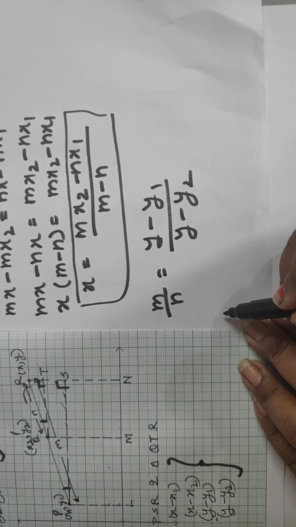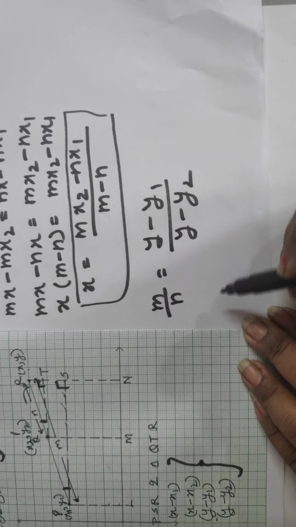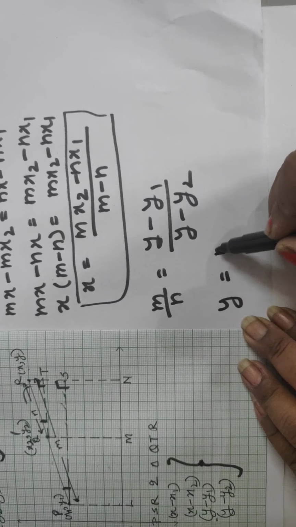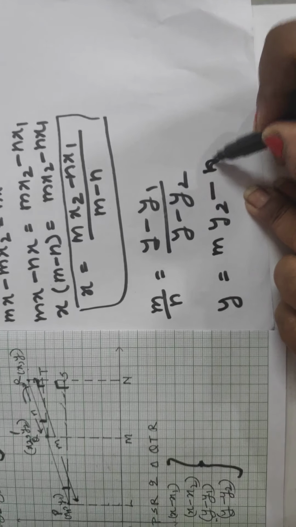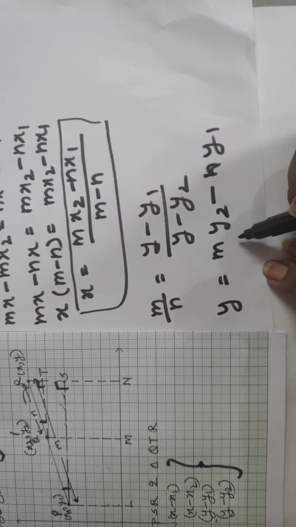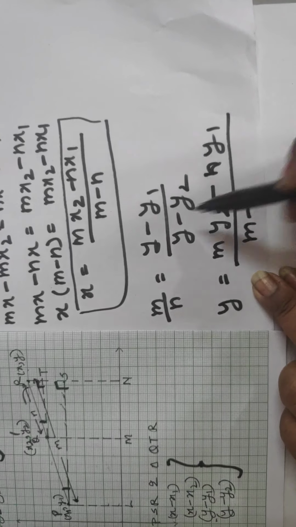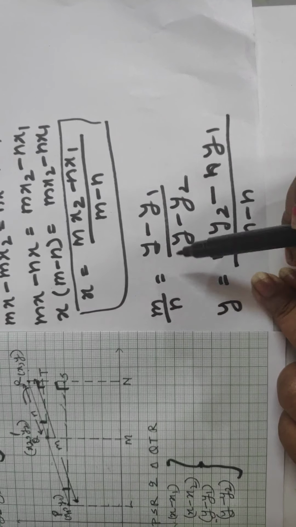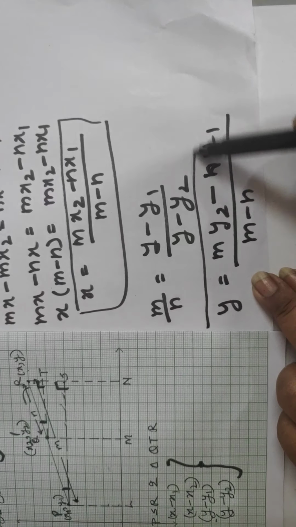So by cross multiplication we will get y is equal to (my2 minus ny1) upon (m minus n). Because we have already done this so many times, I am writing it directly here.